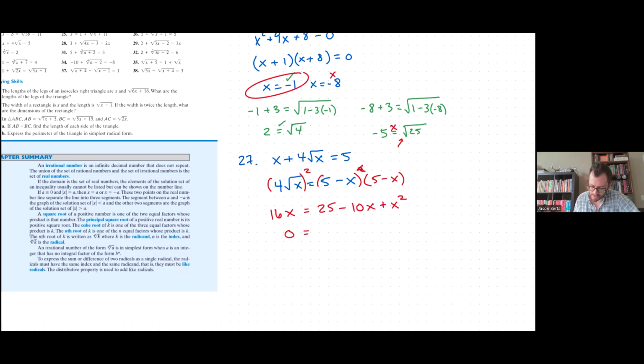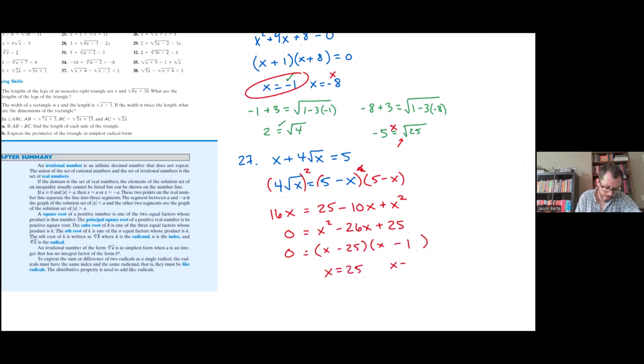I'm just going to subtract 16x from the 10x on the other side, and then rearrange the terms so that they're in descending exponent order. Let's go ahead and factor this one. Two numbers that multiply to 25, but add to negative 26 are negative 25 and negative 1. Our two potential solutions here are positive 25 and positive 1.